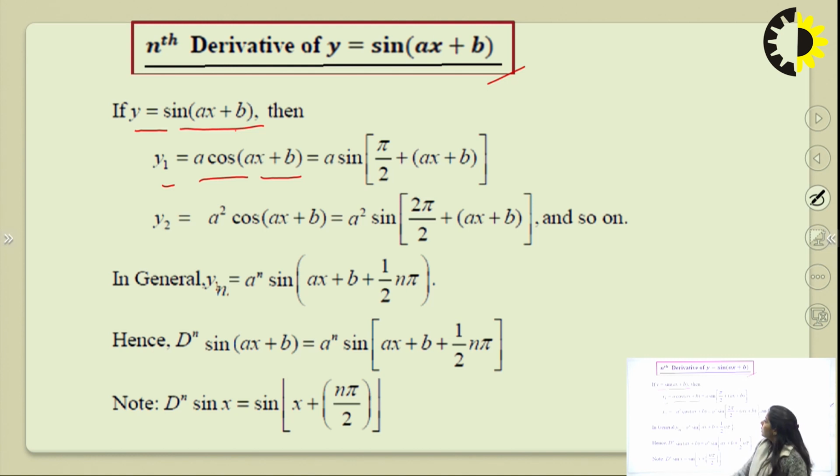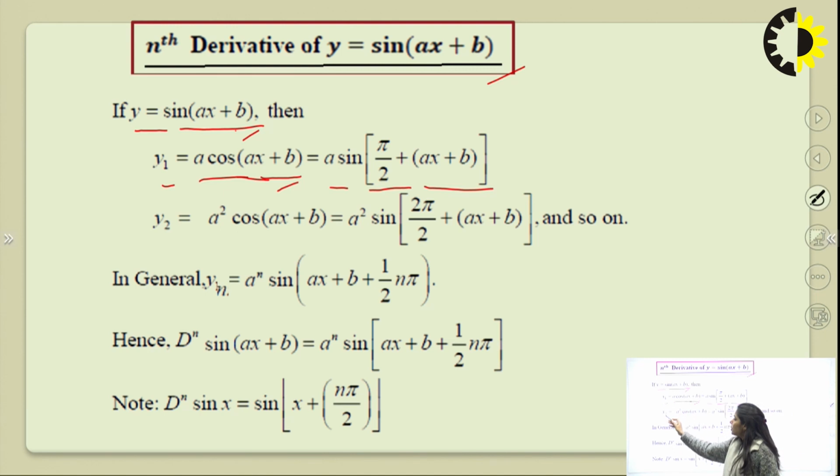Now the given function is in sine form and y1 is in cos form. So to find the sequence, we will convert this cos term into sine form. So we can write this as a sine pi by 2 plus ax plus b.